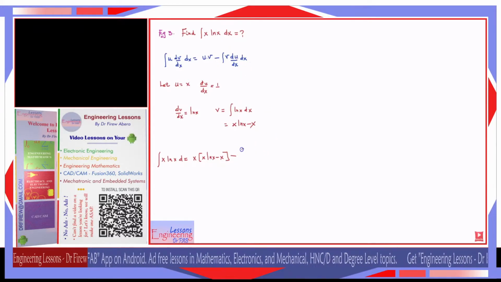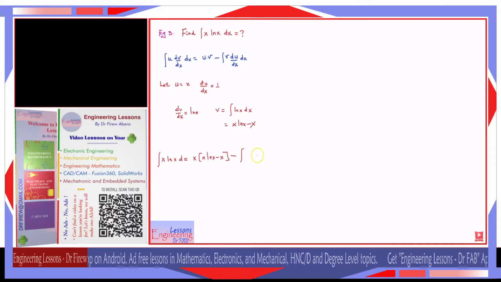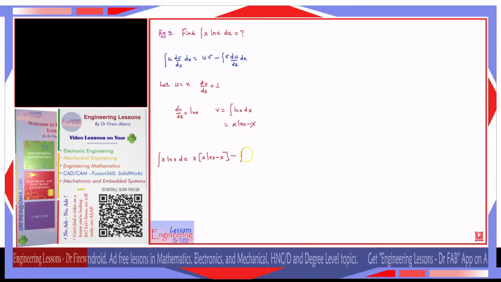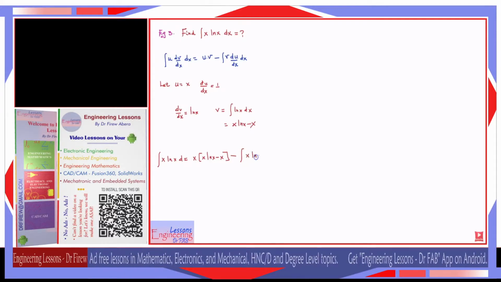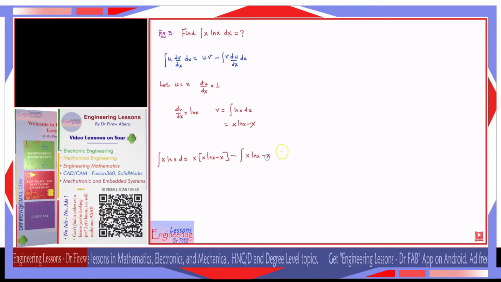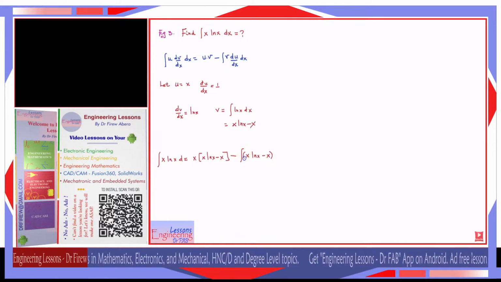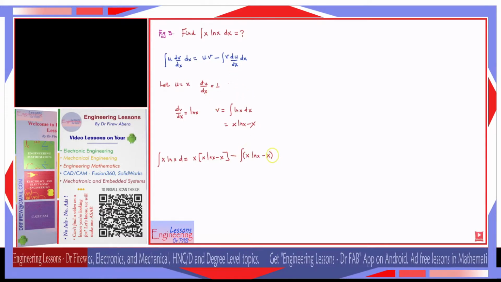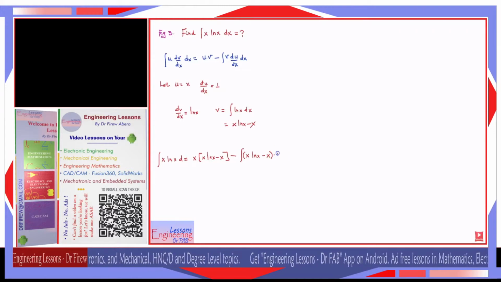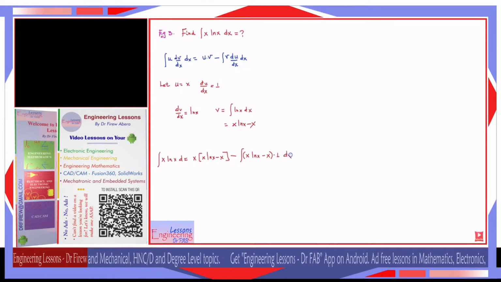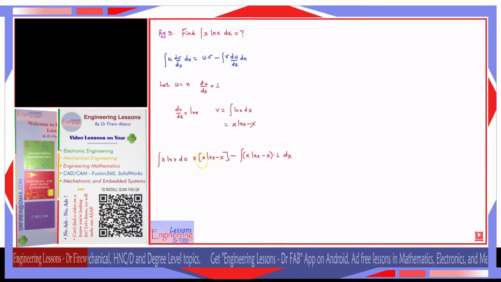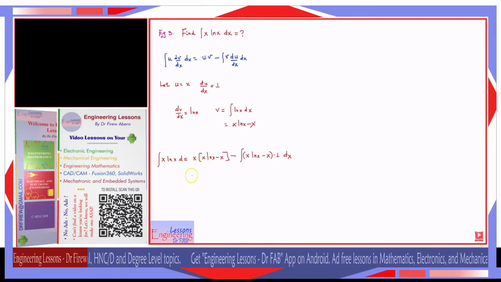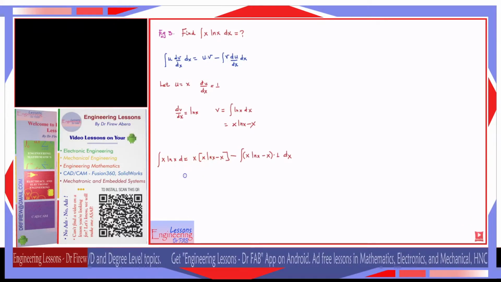So integral of what's v? So v is x ln x minus x times du by dx, which is 1, times 1 dx.